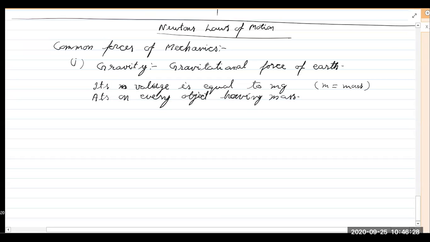In some of the questions you will be told that a particular object is massless or light. In that case we can neglect the gravity force.